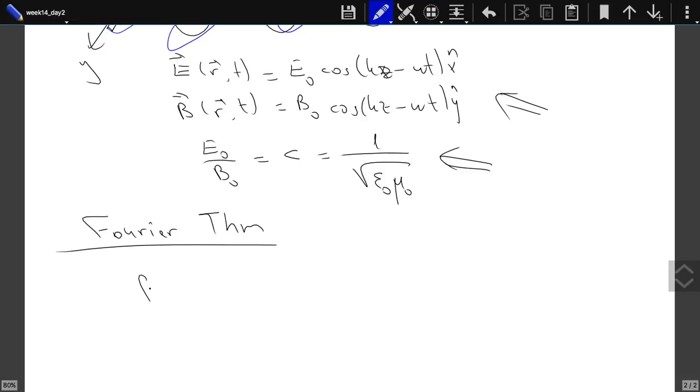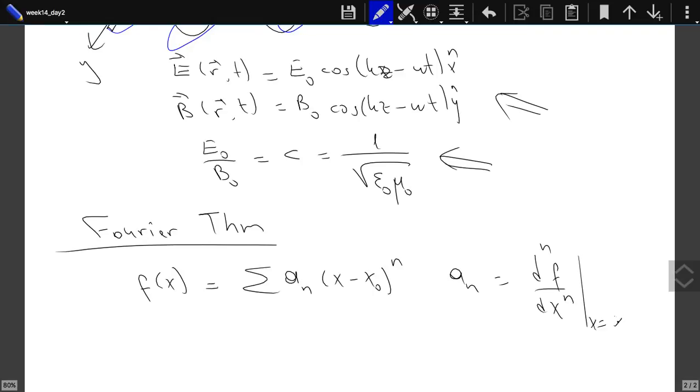So if you have f of x, you can write this as some constants times x minus x0 raised to the power n, where these constants are the nth derivative of f evaluated at the point x0, and we also have this 1 over n factorial. This is Taylor's theorem. It should be familiar.